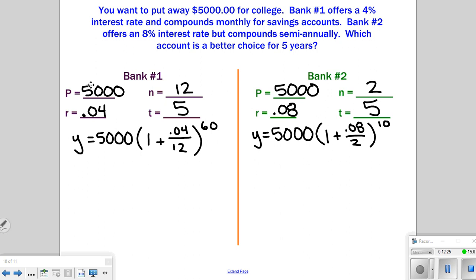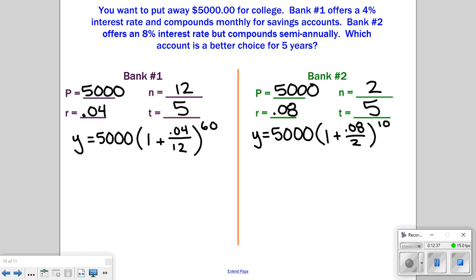If you're going to try this yourself, this is a good time to pause. I will be going ahead and typing these in. For our first answer, we get $6,104.98.